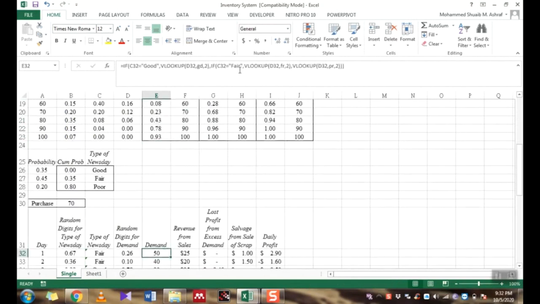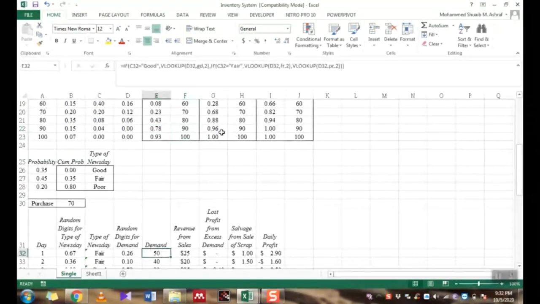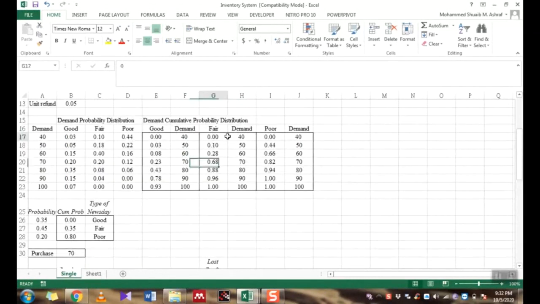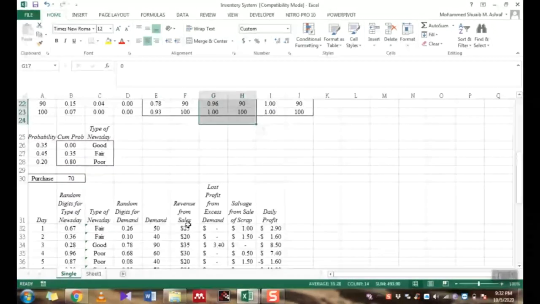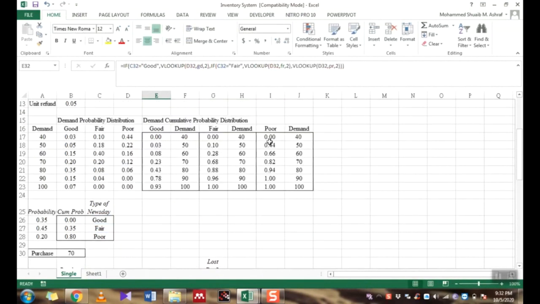See, this is quite simple. This is equal to, if the news day is good, we will look up this. If the news day is fair, we will look up this. And if, then of course poor, we will look up this.